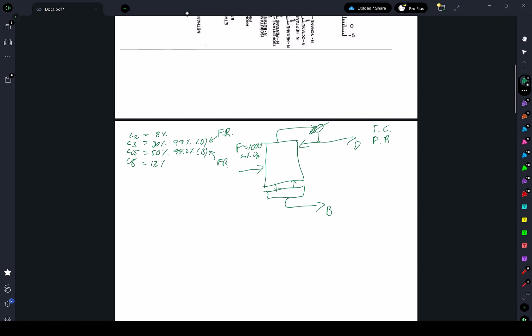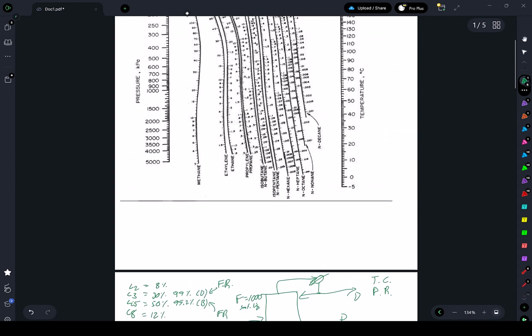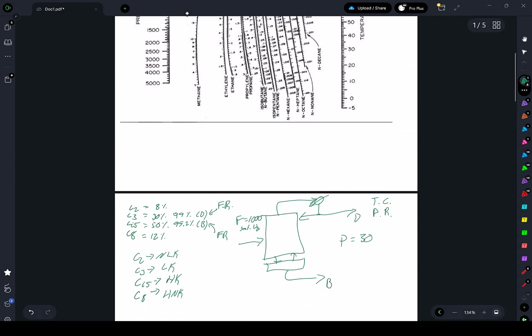Let's say that our C2 is a non-light key, our C3 is our light key, our CI5 is our heavy key, and our C8 is our non-heavy key, or heavy non-key, I think is what it's supposed to be. Either way, it's not important. It's a non-key. What we need to do first is give this a pressure. Let's just say that the pressure is equal to 300 kPa.